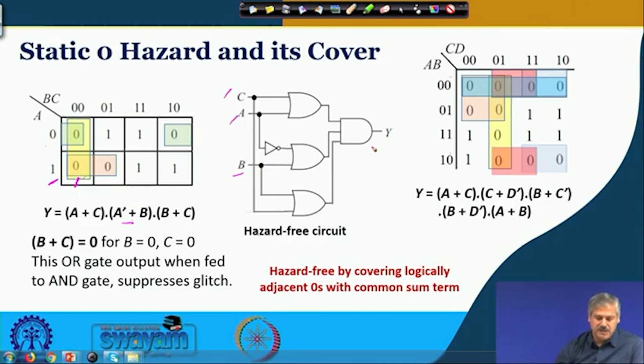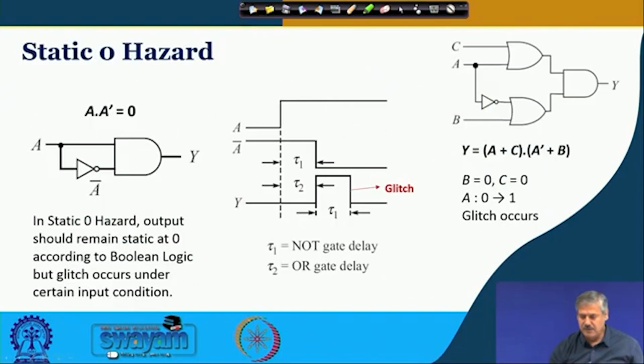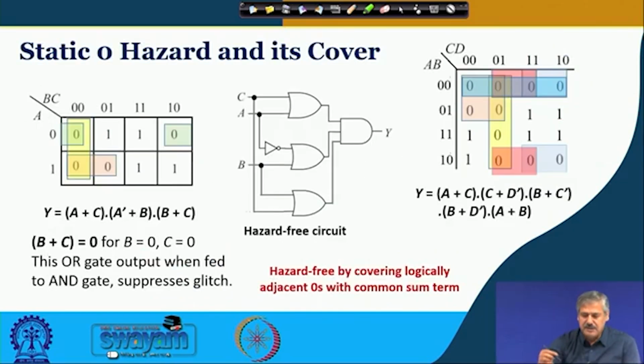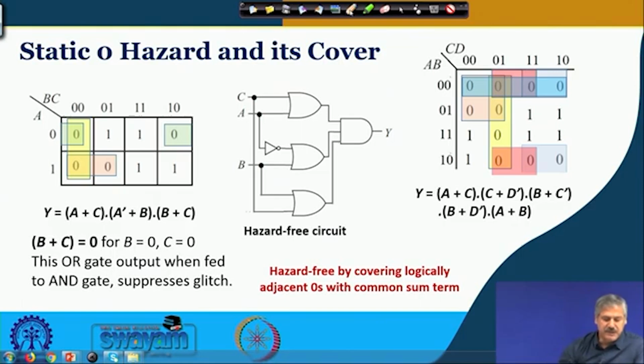If we quickly go back, this is the circuit we started with, and we found that there is a possibility of a glitch. So, we are looking at covering this particular hazard.